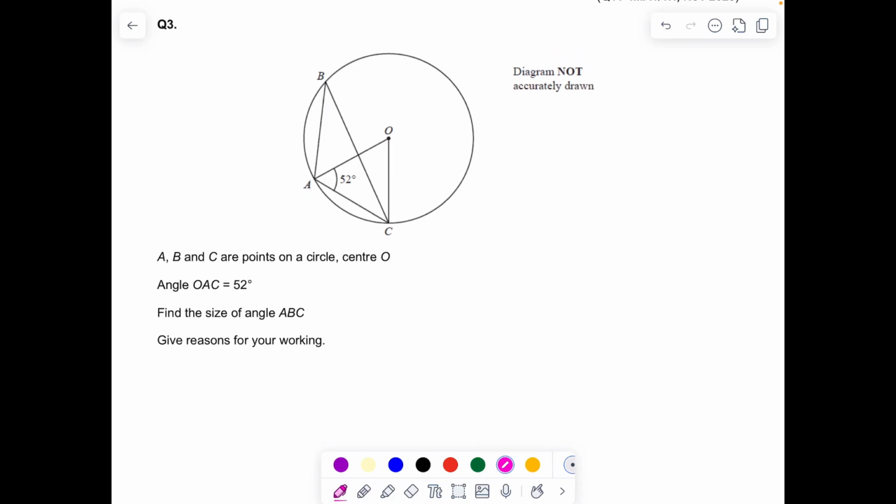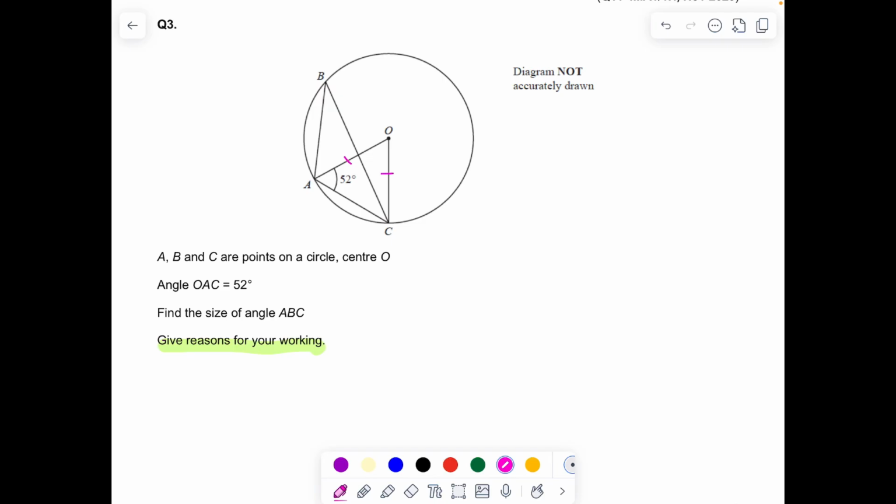Right, so I think you got 1 mark for your reasons. So a lot of you didn't put reasons, but at least if you could work out what the angle was, which some of you were able to. Okay, so you got to give reasons. Okay, so let's have a look. You have got an isosceles triangle here.